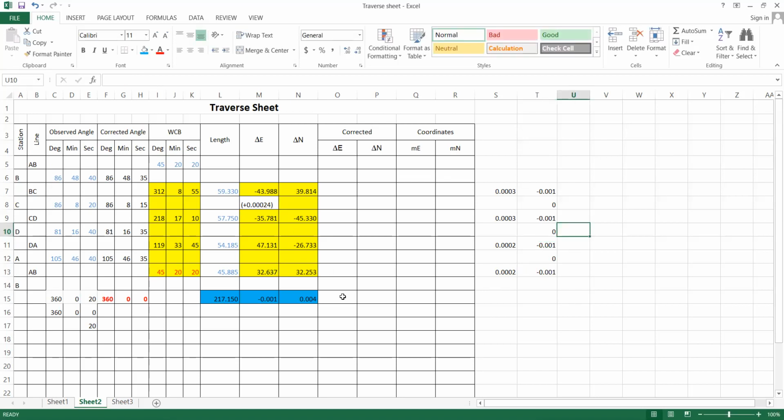So the 4 would be equally distributed as these lengths are almost the same. You have to fill these corrections or errors usually in a bracket. So you have to put this in a bracket.